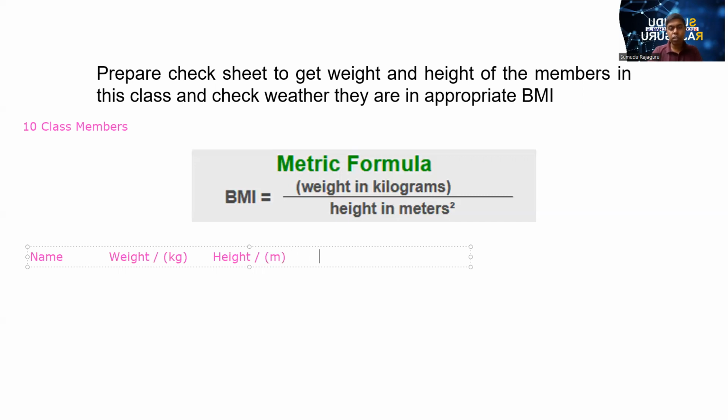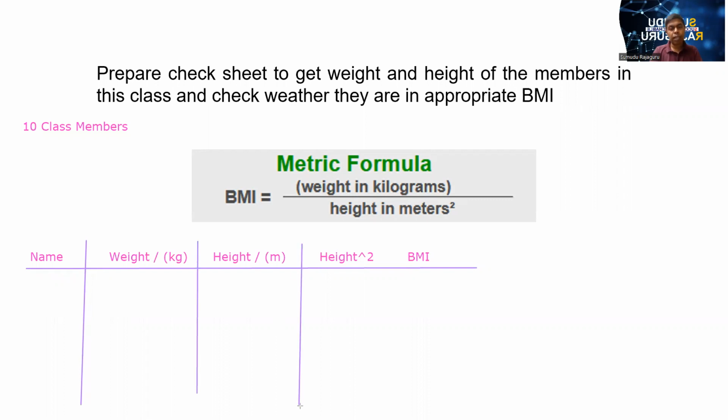Then, according to the equation, I want the square of the height, so I put another column, height squared. Then BMI. So this is the simple format I have to prepare. That is called a check sheet, a check sheet for that particular purpose, because I want to calculate BMI.